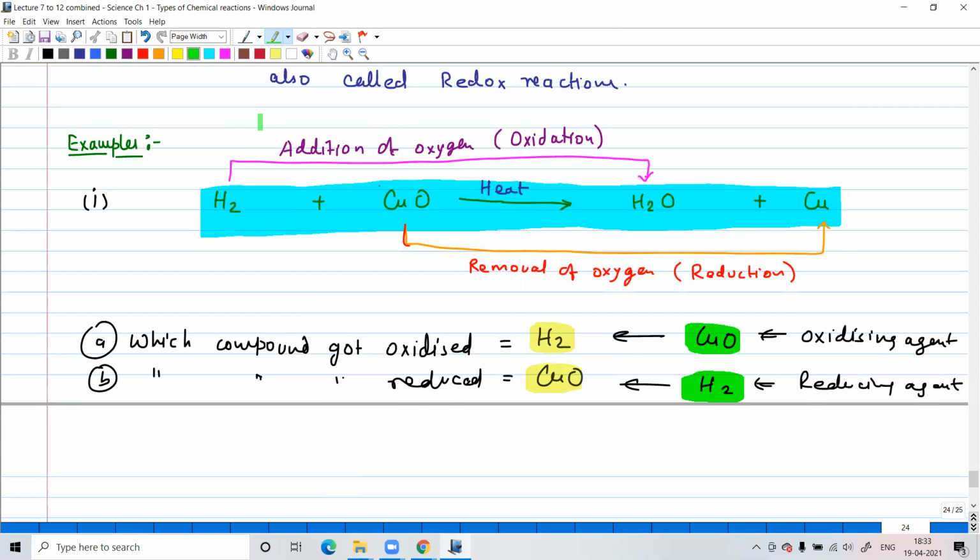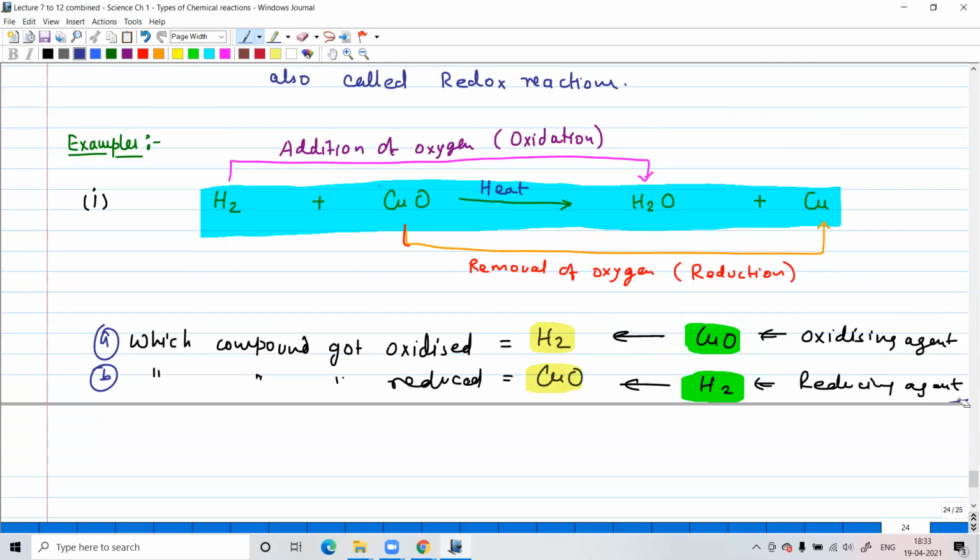All right. So everyone is okay with this example? Yes, sir. And these two are the other questions. Who got oxidized?